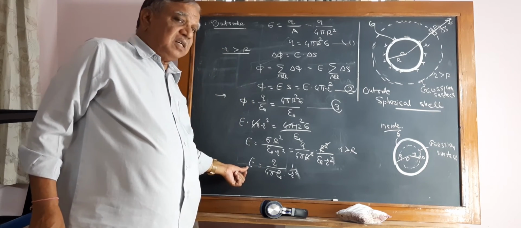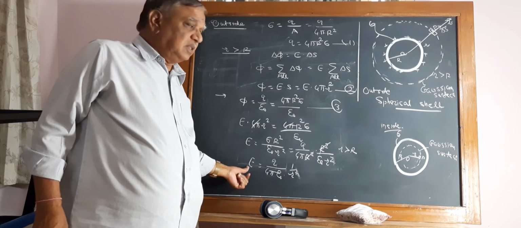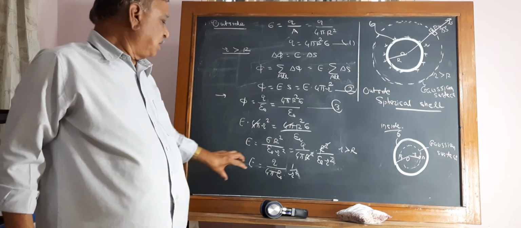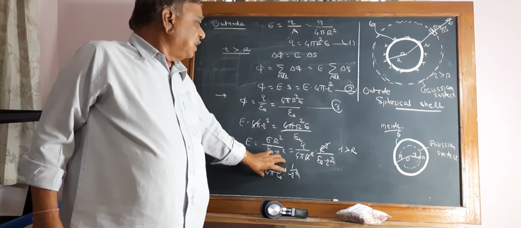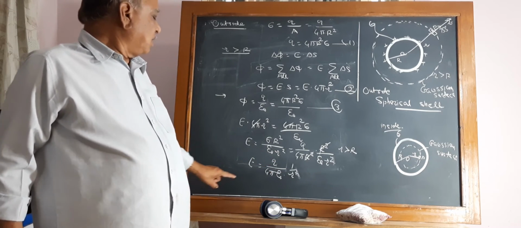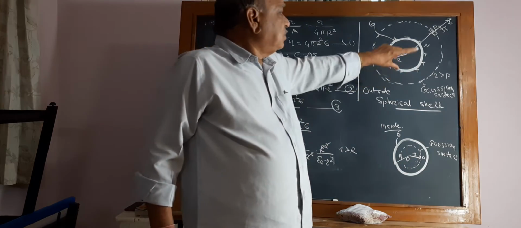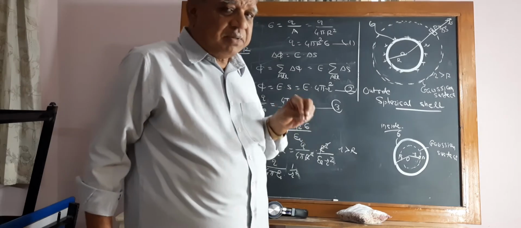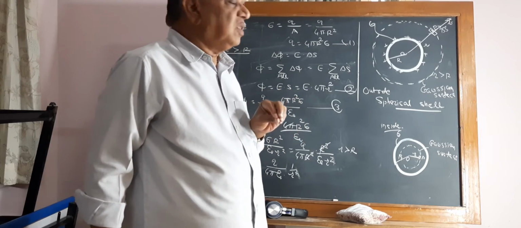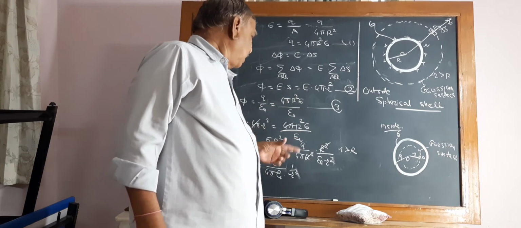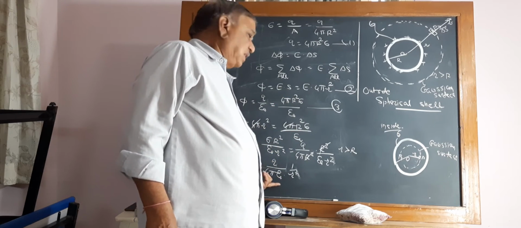This is nothing but the formula for a point charge. Then we can say from this equation, the total charge on the sphere can be considered as concentrated at the center O. So we can apply the same formula.